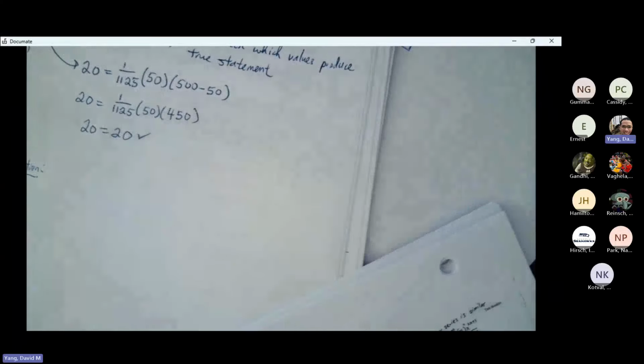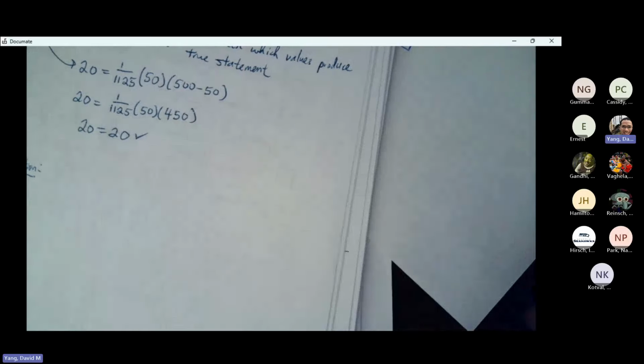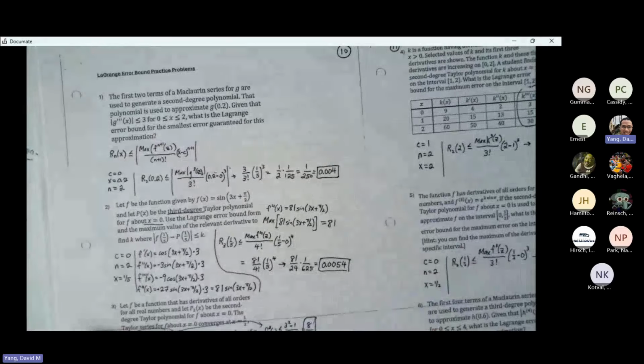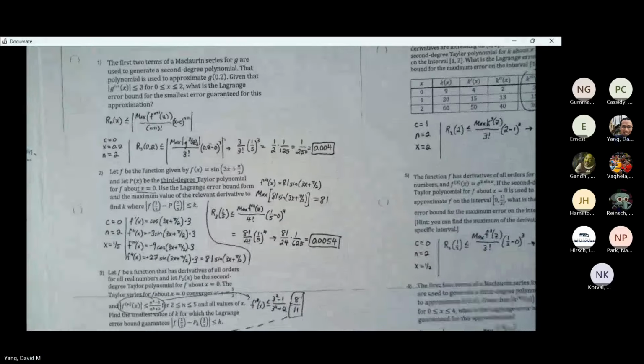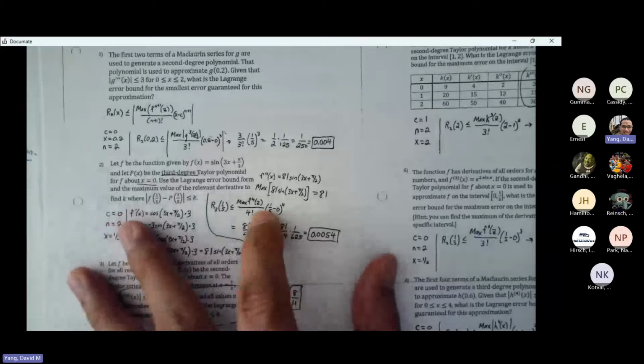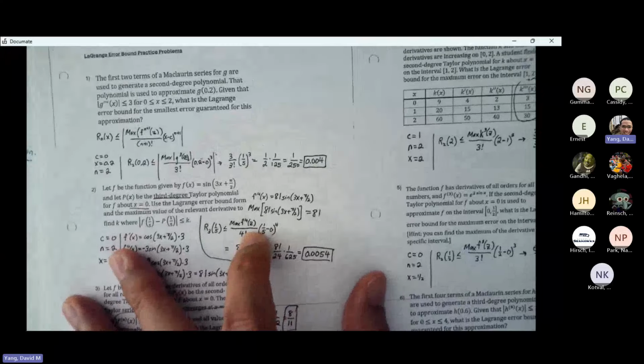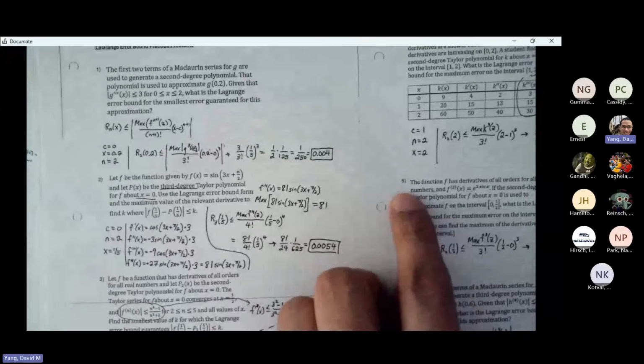When I think of Lagrange error bound, I think of it as a process that I would use if I can't do alternating series tests. That's what I think, but I never considered using the Lagrange error bound for something that is meant for alternating series.